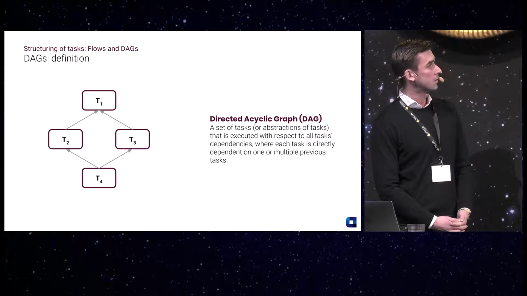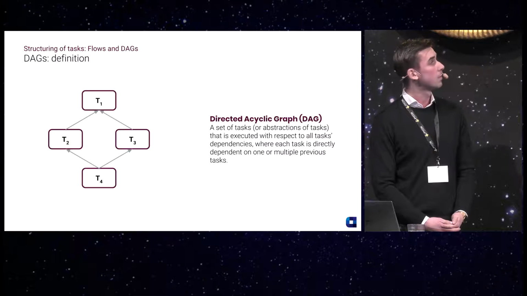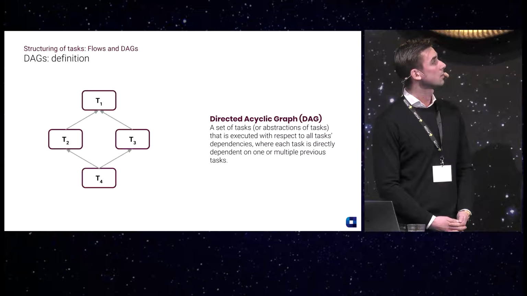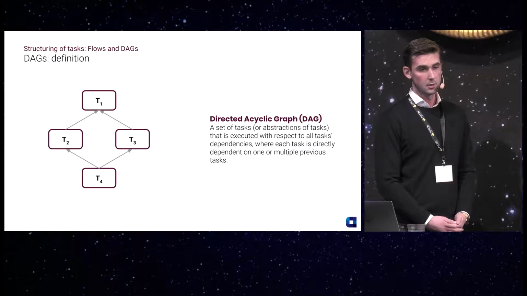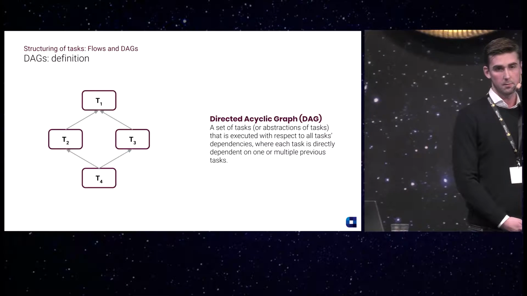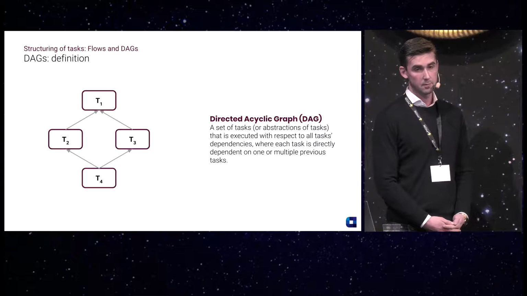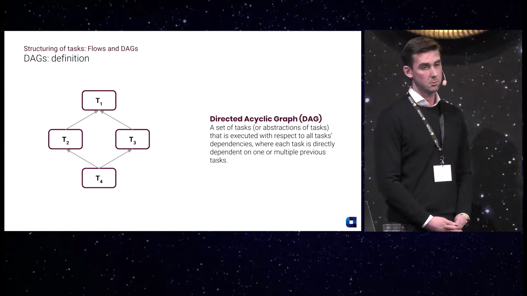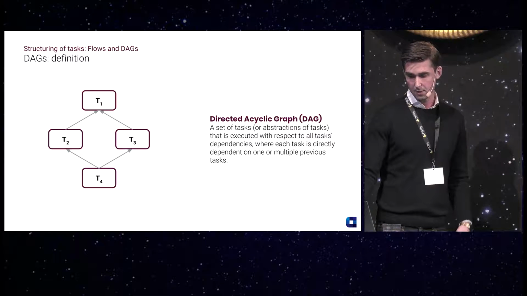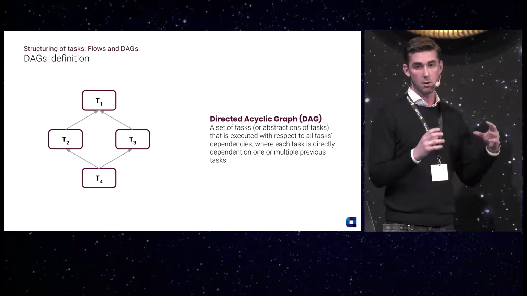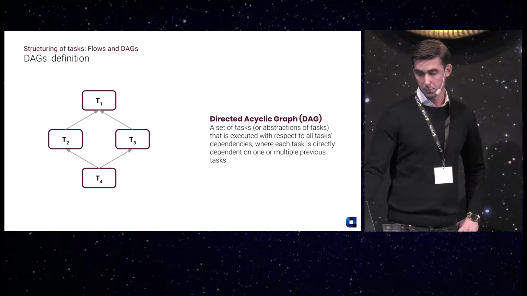Both T2 and T3 are dependent on T4, and T1 is dependent on T2 and T3. So if you were to execute T1 in this example, you first need to execute T2 and T3, which both need T4 to be executed. And this is how you build basically a graph of your jobs.